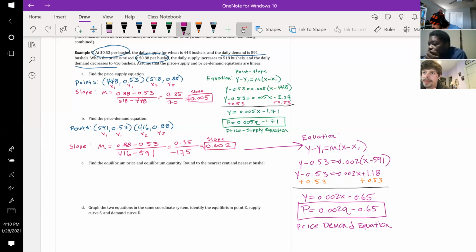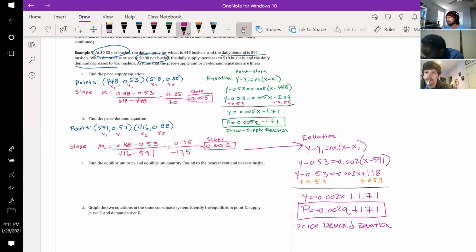So 1.71. Yeah. Whoops. See? Signs kill, guys. Be careful. Okay. Good catch. There we go. So yeah, and there, negative. It's got to be negative. Okay, that would have been bad if we didn't catch that.